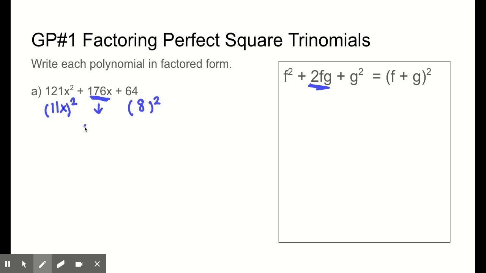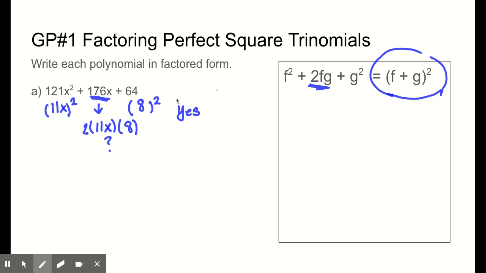So we test it. Does 2 times 11x times 8 give us 176x? 22 times 8 does give us 176. So yes, this fits the special pattern, and therefore we can go ahead and factor it down to look like this.